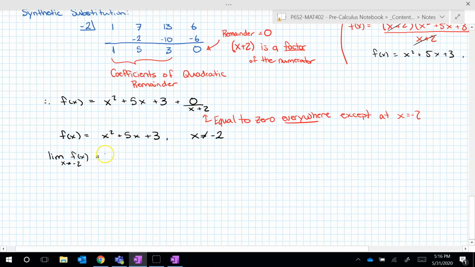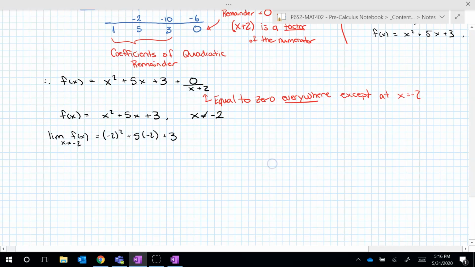If I plug in negative 2 for x into this piece, negative 2 squared plus 5 times negative 2 plus 3, I get 4 plus negative 10 plus 3, which is negative 6 plus 3, which is the negative 3 that we were seeing the whole time.